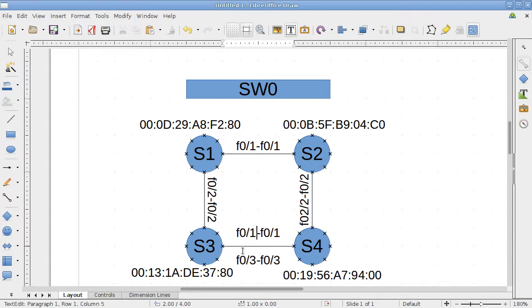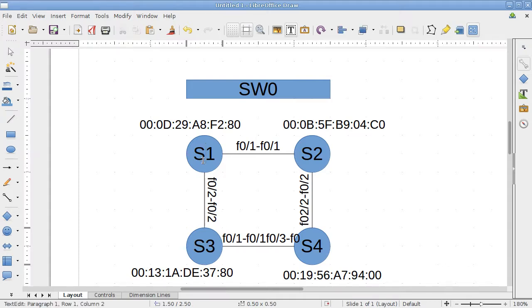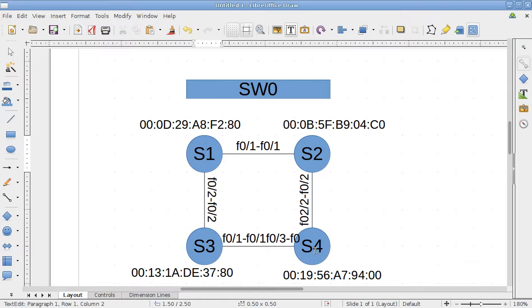I'm not sure why it's doing that, but if this guy is going to be the root bridge, then traffic will have to go either this way or this way through him.